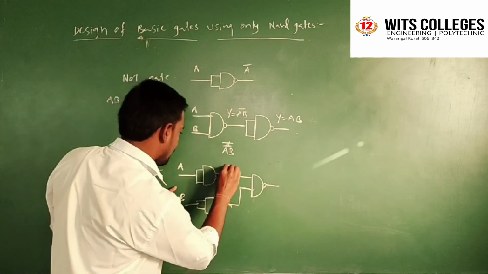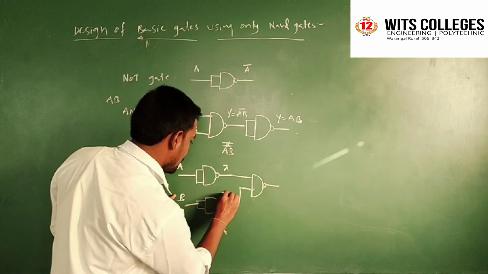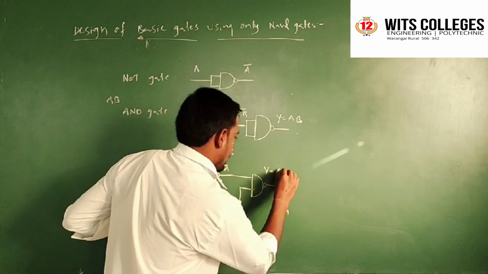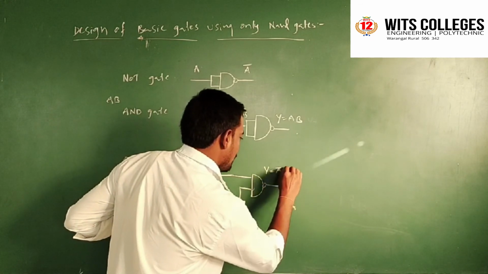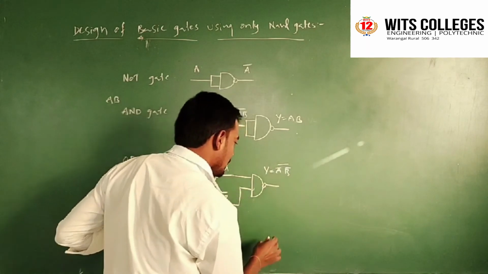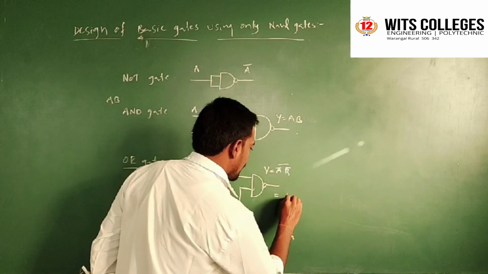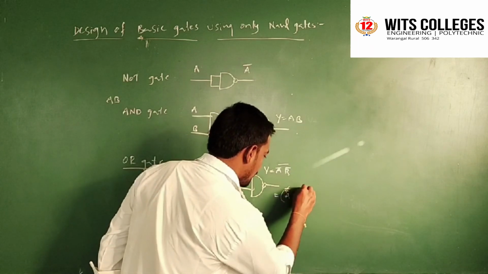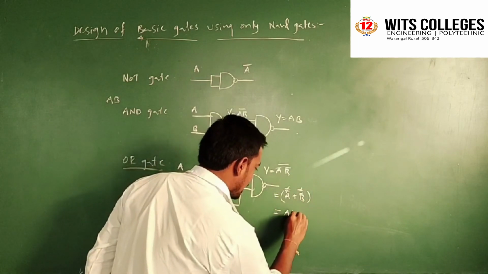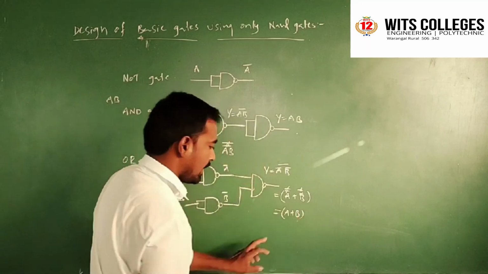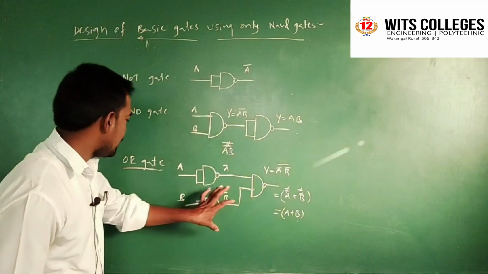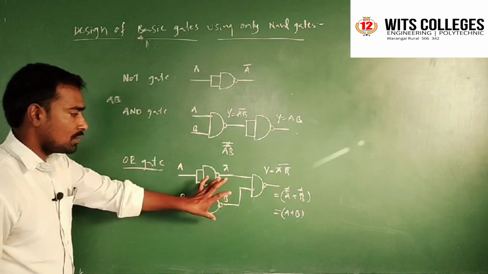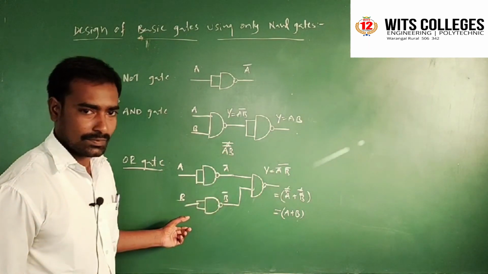So here we are getting A bar and this is B bar, and this gives Y equal to A bar into B bar whole bar, and this can be written as A bar whole bar plus B bar whole bar. Both bars are cancelled here, and we will get the final value A plus B. So this is the equivalent logic circuit for the OR gate using only NAND gate.